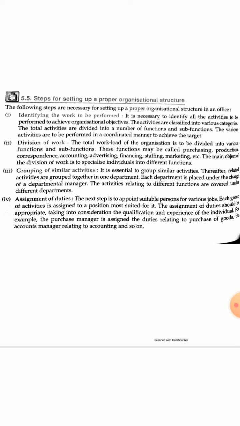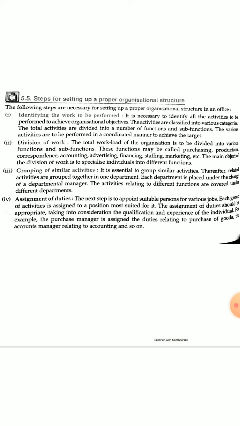Purchase is a separate branch of function, and sales is totally different. So these are totally different functions, like accounting, advertising, financing, staffing, or marketing. All these are different functions. So it should be clearly laid down what different functions we need presently.